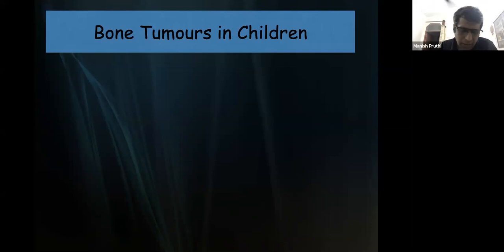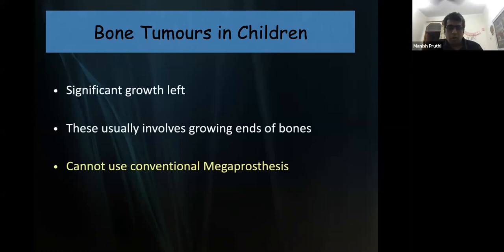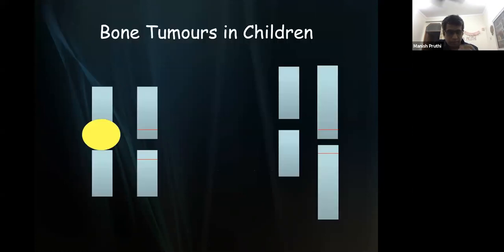Going to the last and the most difficult part in choosing a mega prosthesis, which is in children, because children have significant growth left, and we usually need something which can grow with the child, because the tumor is involving the growing end of the bone, and that is why we cannot use a conventional mega prosthesis.